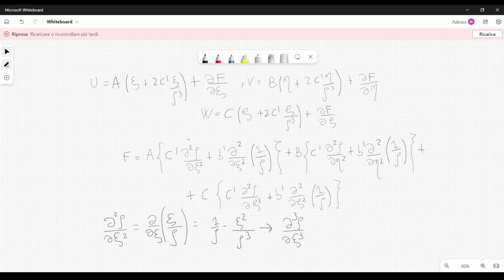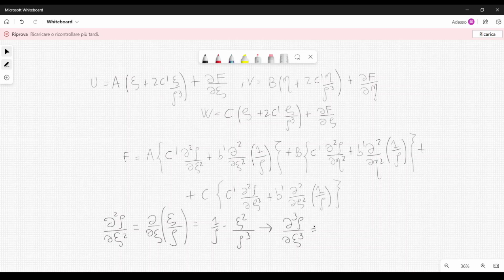Well, because you can see here that there is the second derivative, but when we substitute this expression here, we have the derivative of f with respect to xi. So there appears the third derivative of rho with respect to xi.